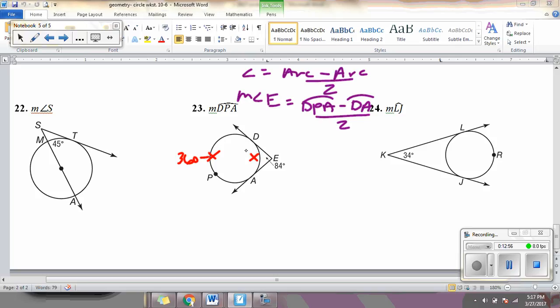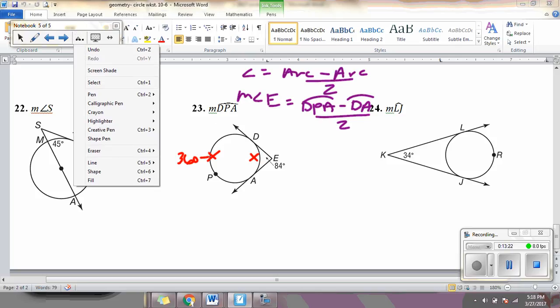And if it's split into two arcs, then the two arcs combined need to equal 360. And if I say that one of the arcs is X, if I want to know the other piece, I would take the piece I'm given, X, subtract it from 360, which is what I've done.